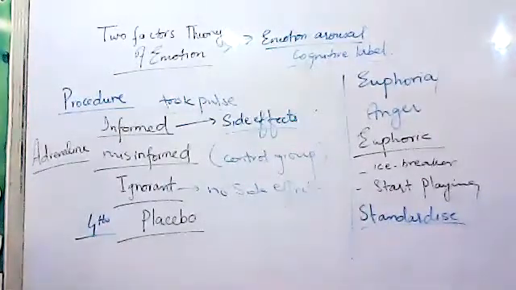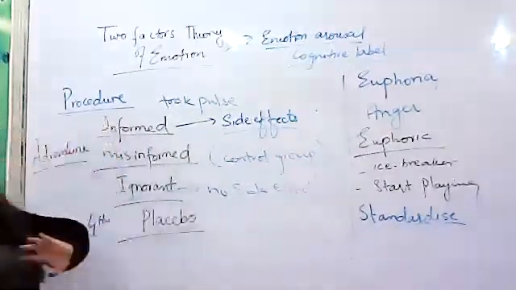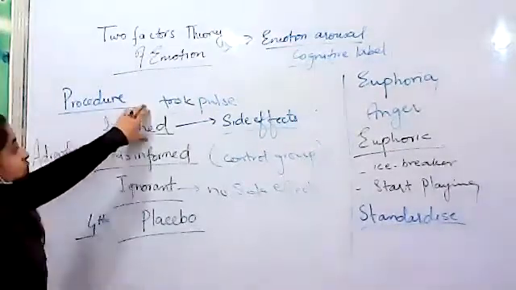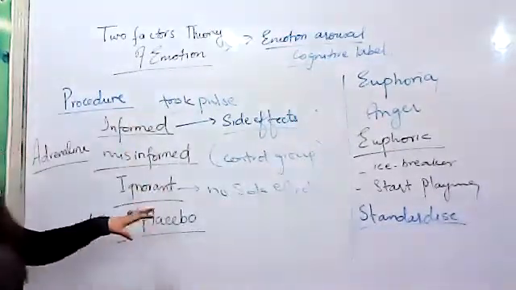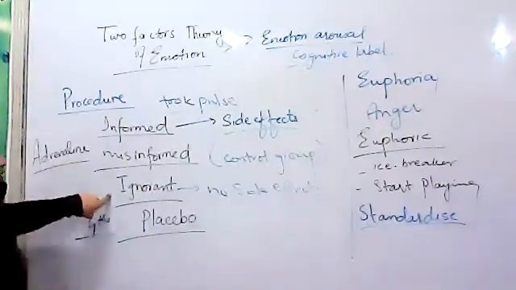After this, in the standardization, one more thing comes: the stooge had no idea in which condition the participant was going to be, that is, which side effects had been told to him, whether he is in the informed one, the misinformed one, or the ignorant one.